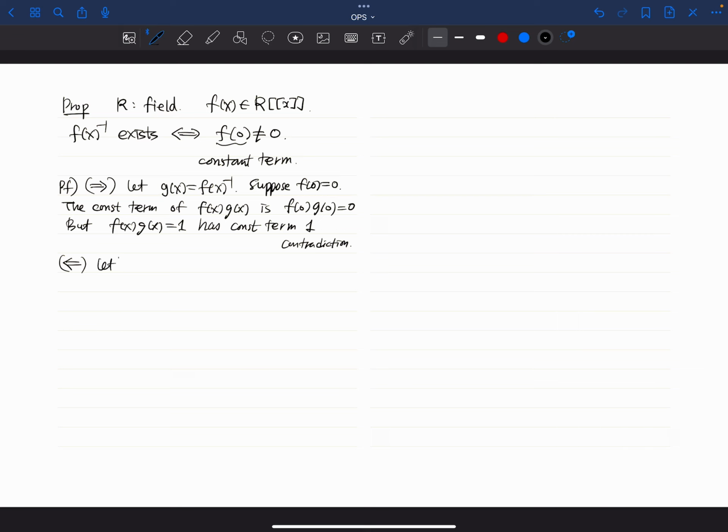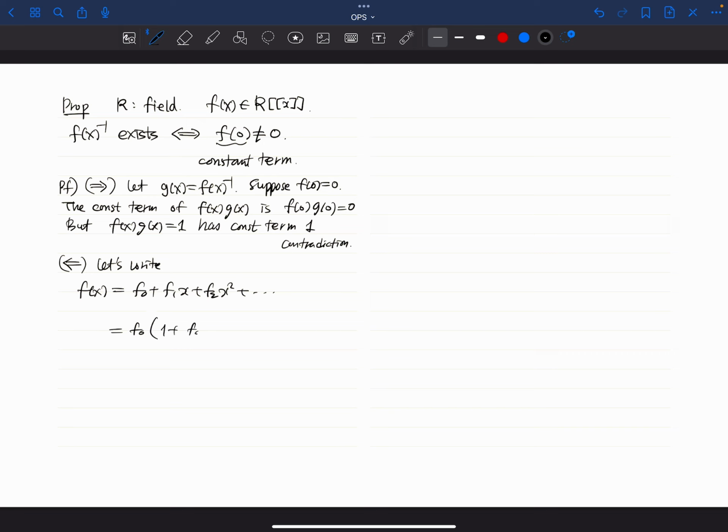So let me do this step by step. f(x) is f0, f1 x, f2 x squared, and so on. I'm going to factor out f0 because this is non-zero.